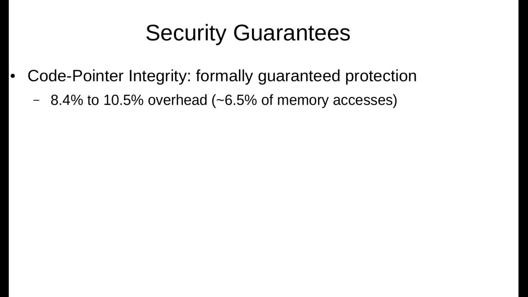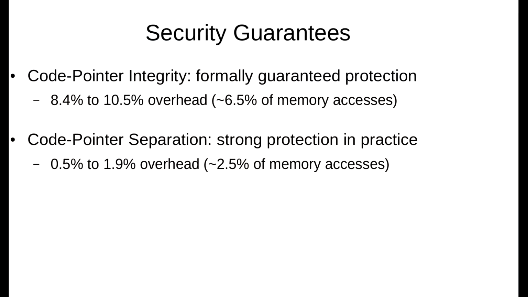All in all, if we enforce memory safety for the code pointers and the sensitive pointers that we identify on top of it, we run into 8.4 to 10.5% overhead for roughly 6.5% of memory accesses, which is almost deployable, and definitely deployable if you are interested in protecting against specific attacks or in different security contexts.